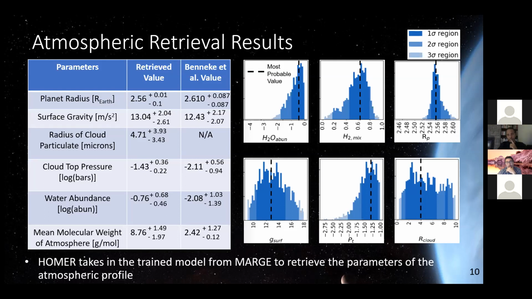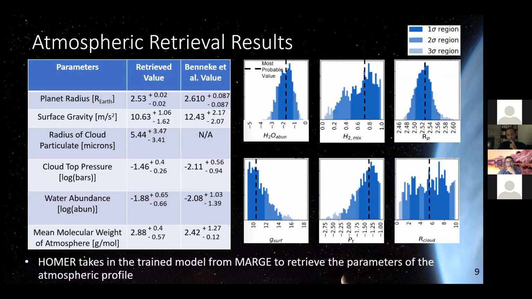You need more water to produce the same feature depth. If James skips back to the H2-helium one, you can see that the mean molecular weight is more accurate and the water vapor abundance drops. That second to last row drops closer to the Benneke values.